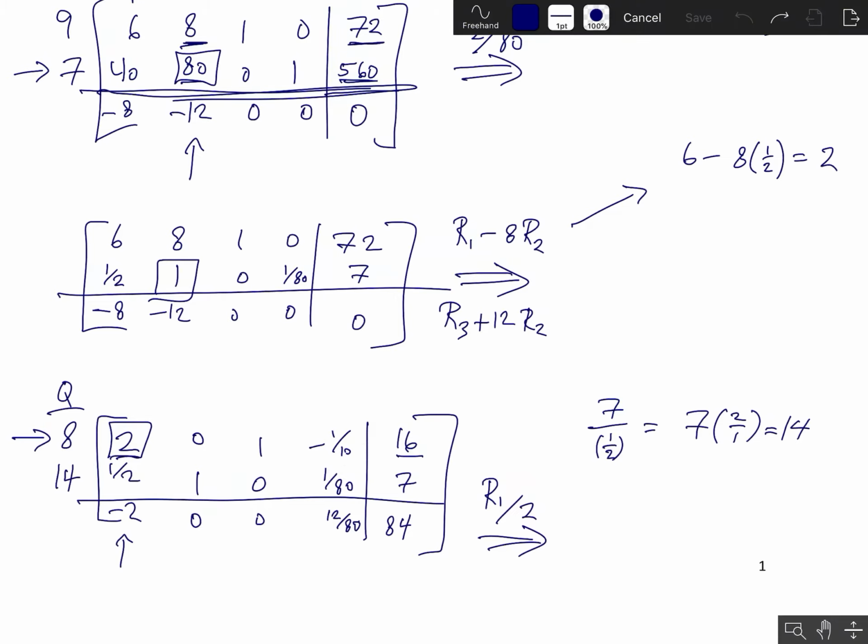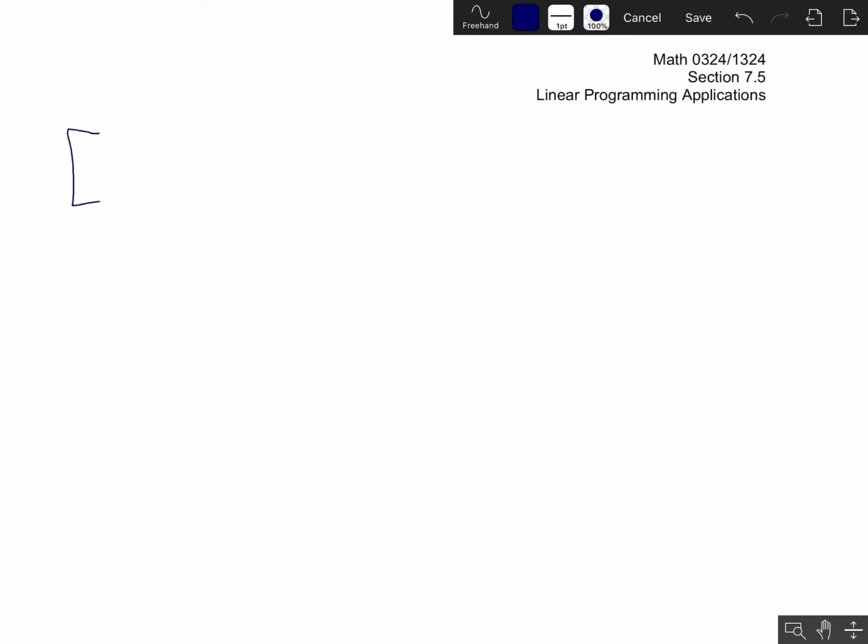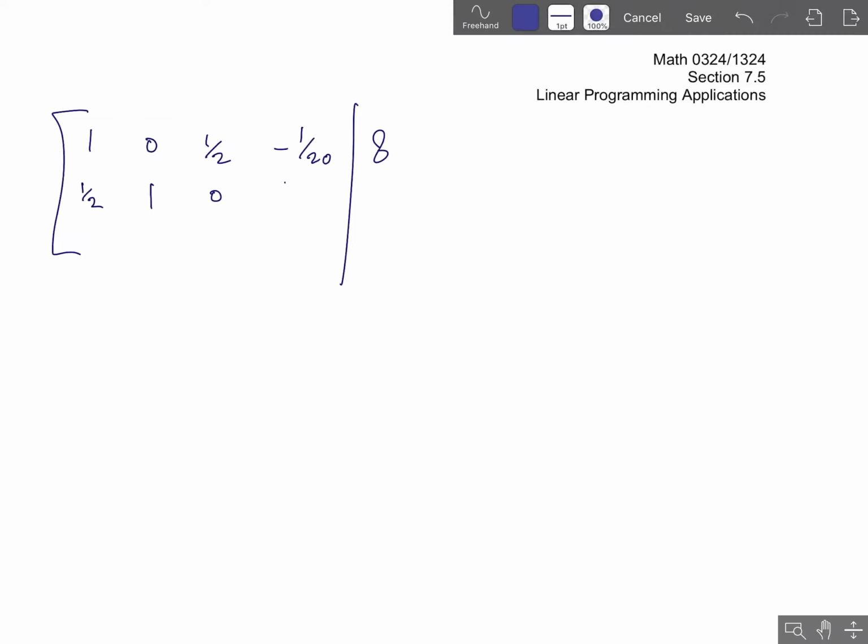Otherwise, these entries are pretty easy to divide by 2. So what we end up getting after that row operation is 1, 0, 1/2, negative 1/20, like I mentioned a second ago, and then 8. And then the other rows did not change. So the other rows will still look like this.